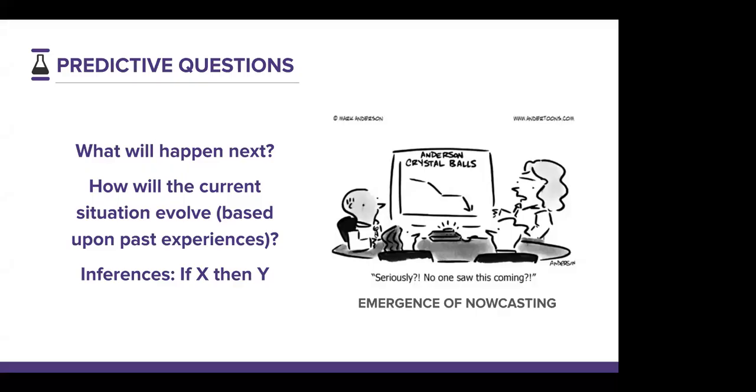Well, then you can actually start predicting, if everyone starts at 8 o'clock again tomorrow, then surprise, surprise, there will be another traffic jam. So you have some kind of inferences that you then can start using for predicting the future based upon a diagnostic understanding of the situation. But of course, predictive questions can also be more futuristic questions as well.